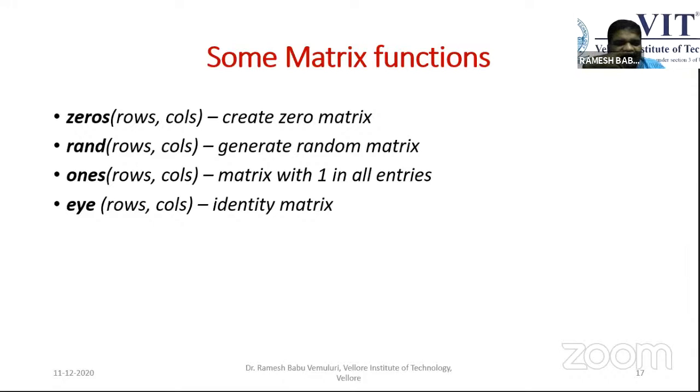Ones gives a matrix with 1 in all entries. Eye means it will take as an identity matrix. And rand means random numbers can be generated.